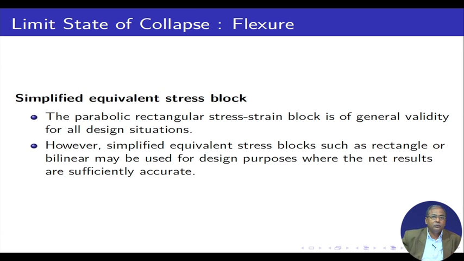Now, coming to that one, we have started actually the discussion on the IS, IRC 21 or IS 456, where we have used the working stress method. Then we have gone to the limit state method according to IS 456 2000.